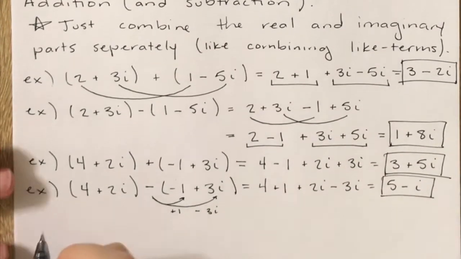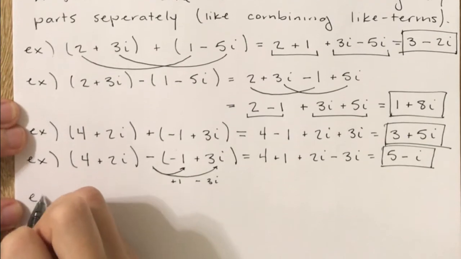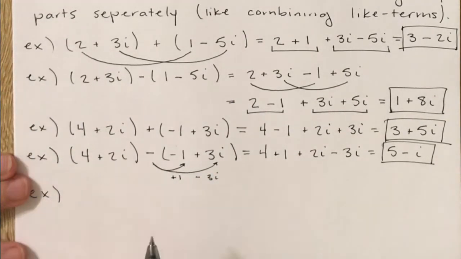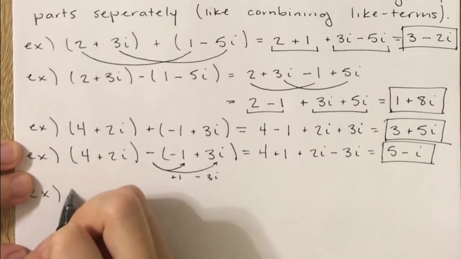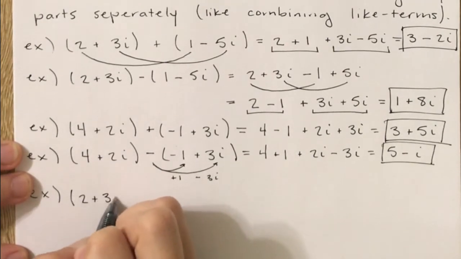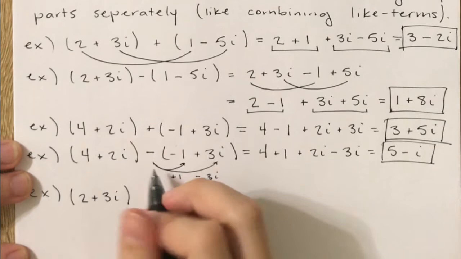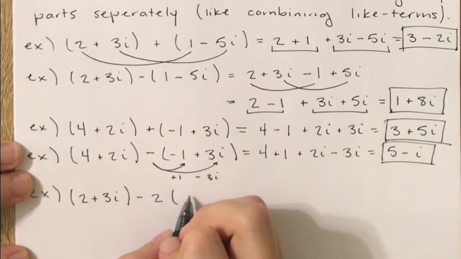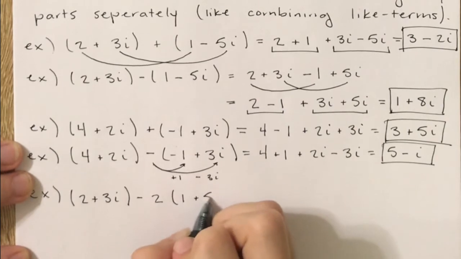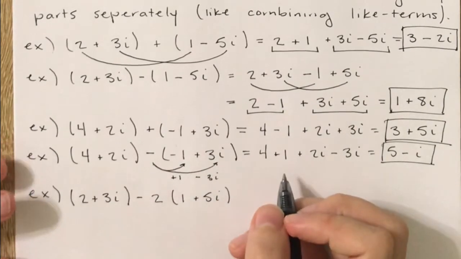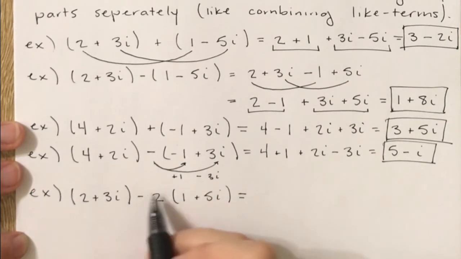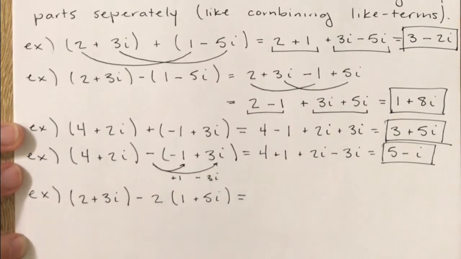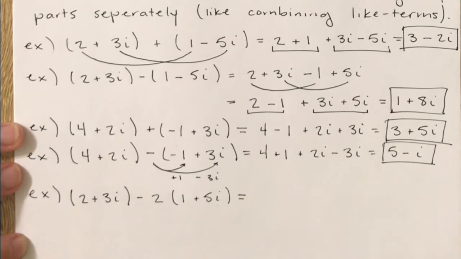Okay, last one I want to look at really super quickly. This is just barely an extension of that. Is this guy. So let's say we were looking at 2 plus 3i minus 2 times 1 plus 5i. All we have to do here is distribute this negative 2, just like we did with this negative, to both parts of this second complex number. Super easy.